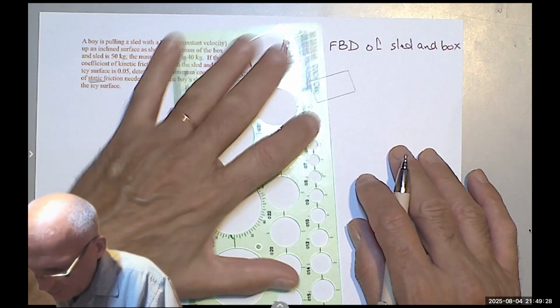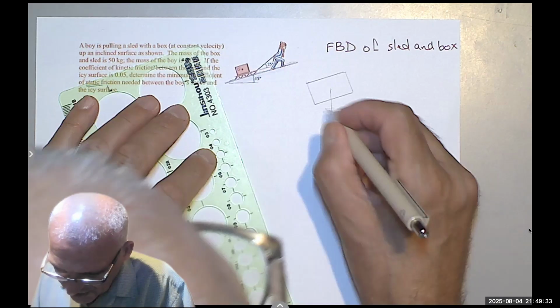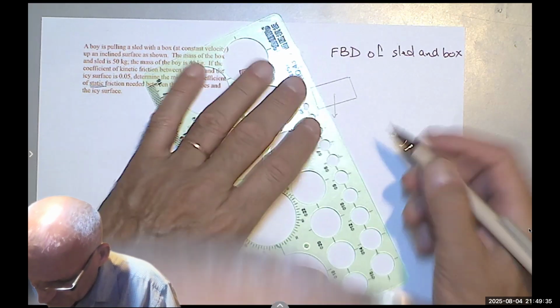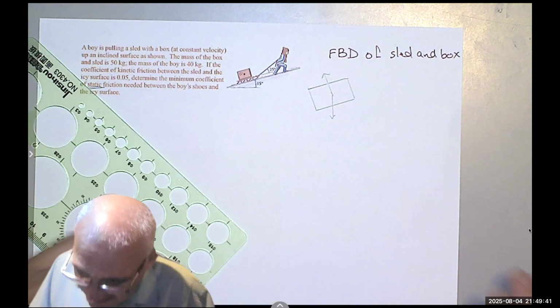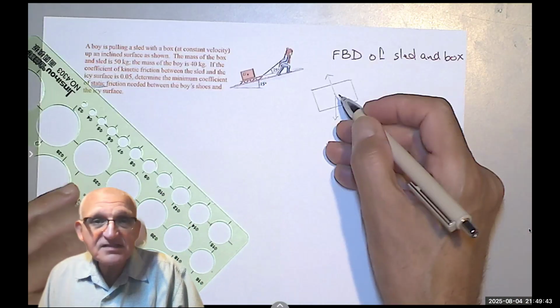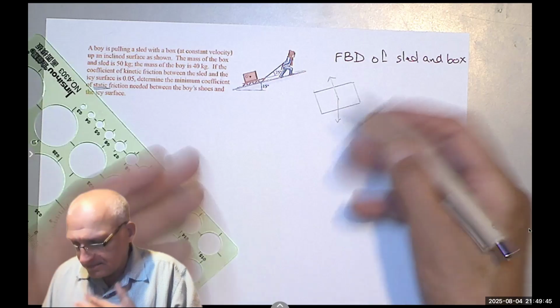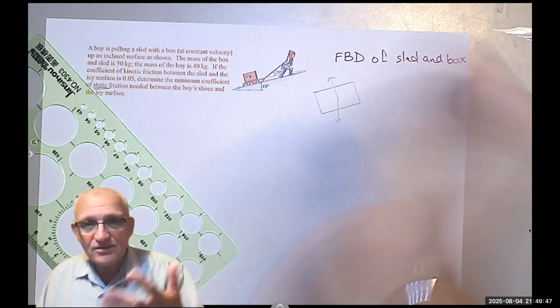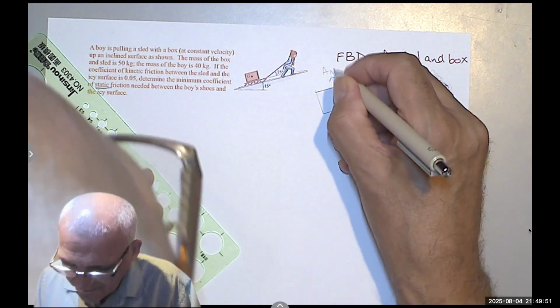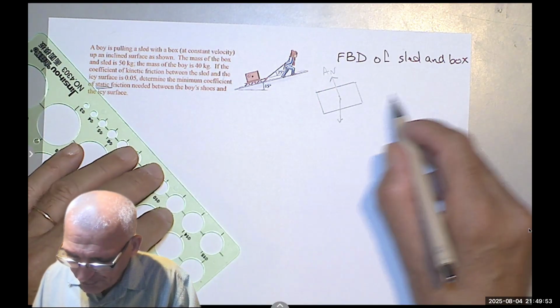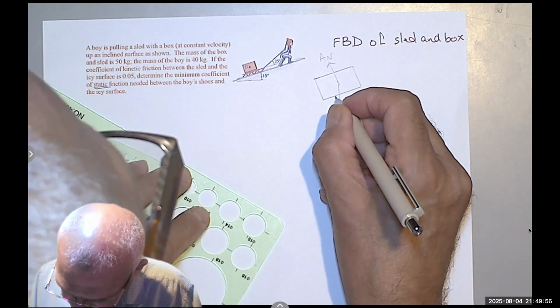So we have the weight going down, always vertical, and the normal force going up. And if we call this block, the sled and the box, A, then this would be A sub n. The sled is sliding upward, so there would be A sub f going down.